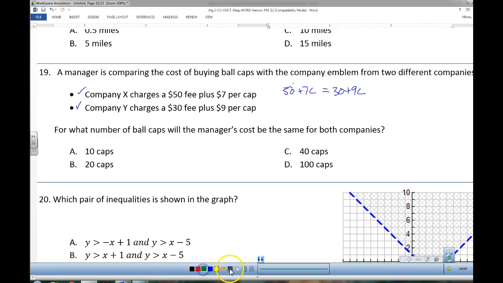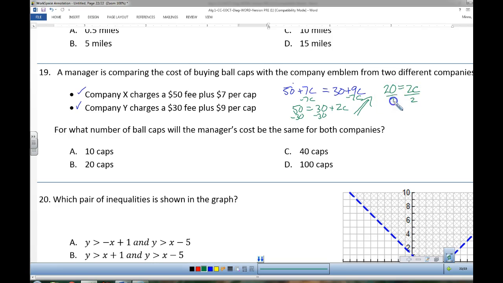All right, let's do some math. Let's subtract 7c from both sides. Gives me 50 equals 30 plus 2c. Let's move this to over there, so let's subtract 30 from both sides. 50 minus 30 is 20 equals 2c.